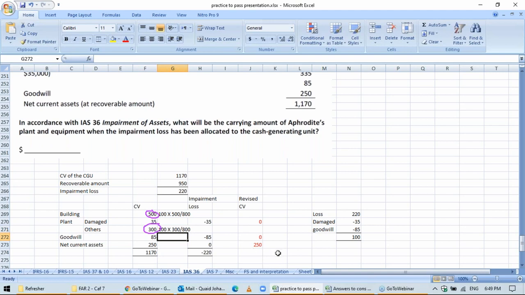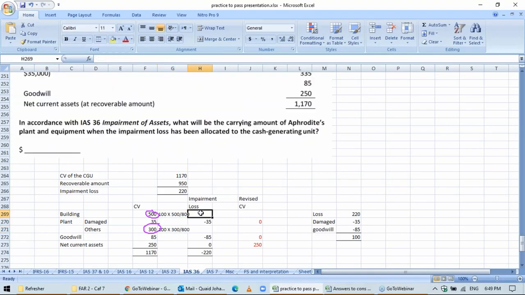So what we will be doing is adding the carrying value of all the remaining assets and then dividing each carrying value by the total to get the proportion, and multiplying it with the impairment loss that's remaining. Doing this, I get the impairment loss that will be allocated to both the items.